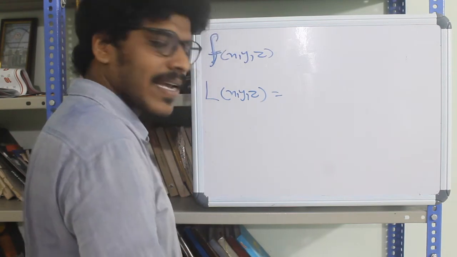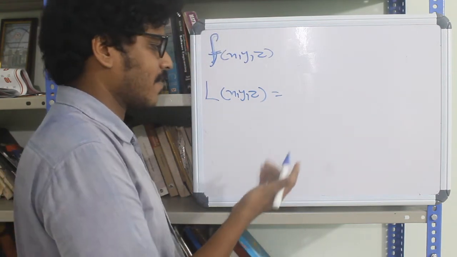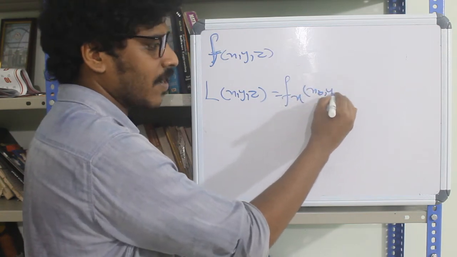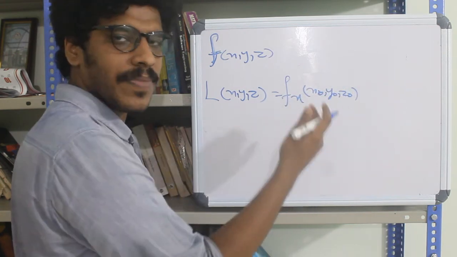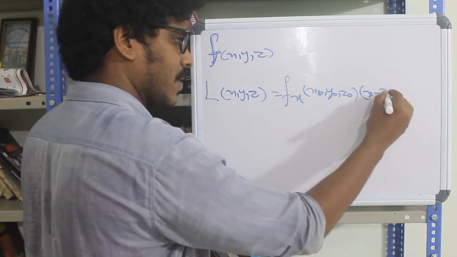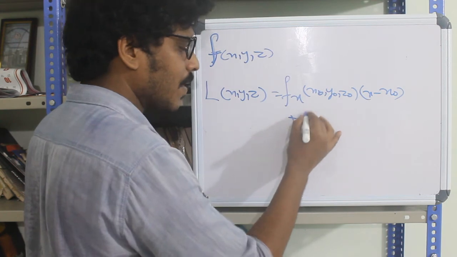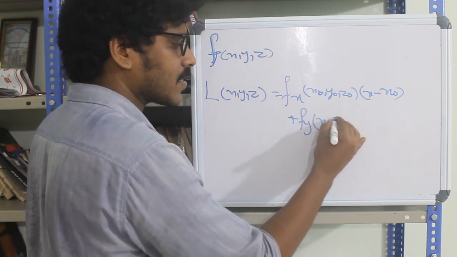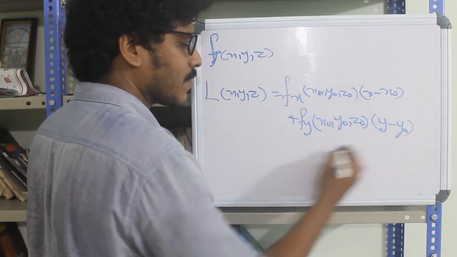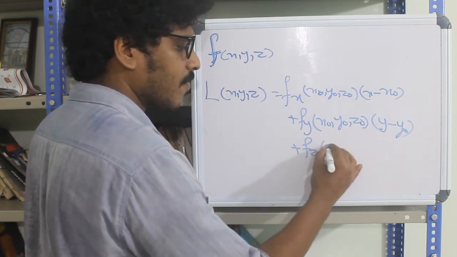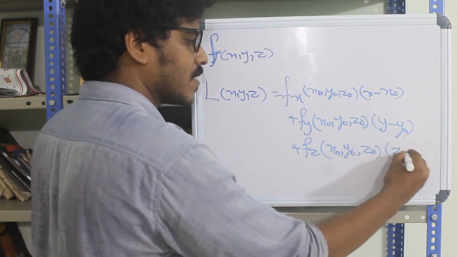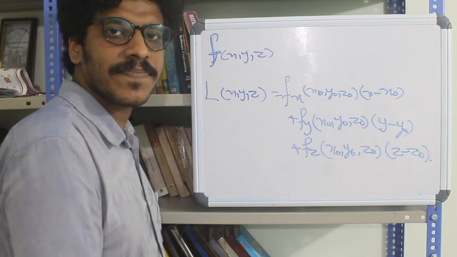See, we can directly extend the formula for two variable functions as fx at, say, x naught, y naught, z naught, suppose we are calculating the linearization at x naught, y naught, z naught, into x minus x naught plus fy at x naught, y naught, z naught into y minus y naught plus fz of x naught, y naught, z naught into z minus z naught.